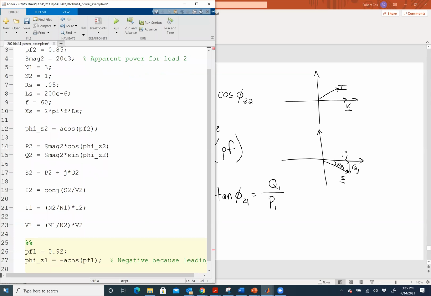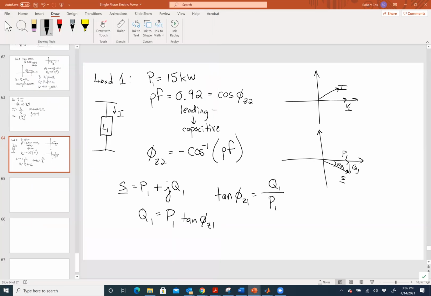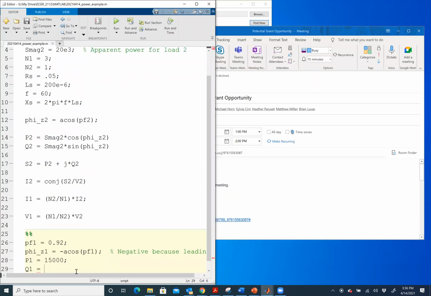So then in this case my P1 was 15 kilowatts. I'm going to say 15,000. My Q1 is going to be this formula we had right here. So Q1 equals P1 times tan of phi Z1, like that. All radians, right? I didn't do any degrees, all radians, because I know that all my trig stuff is that way.